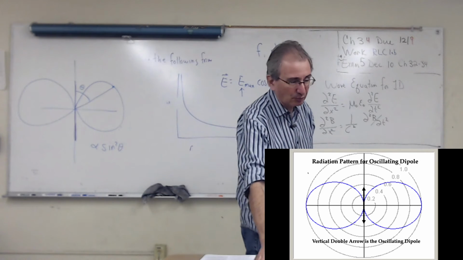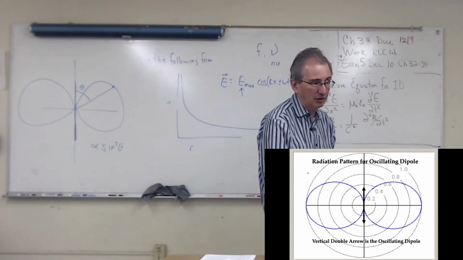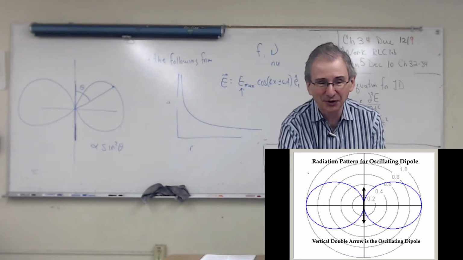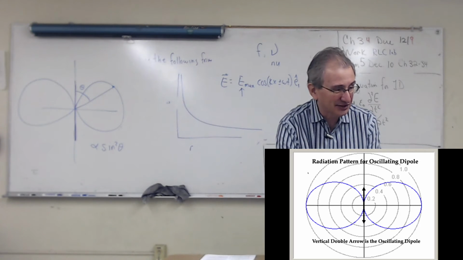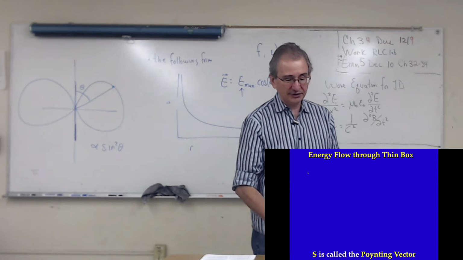Right now, I'm just telling you some of the properties of the radiation for a dipole. I can't derive any of these equations for you, okay? The math is fairly complex.